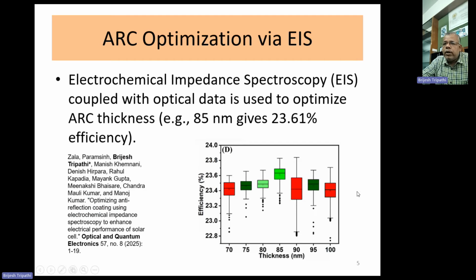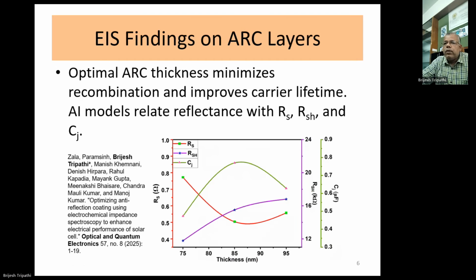Also, in another research work, we have used electrochemical impedance spectroscopy data, and that data is analyzed using some tools to find out the optimal thickness of the anti-reflection coating. From EIS, we can find out the electrical parameters of the solar cell that include series resistance.